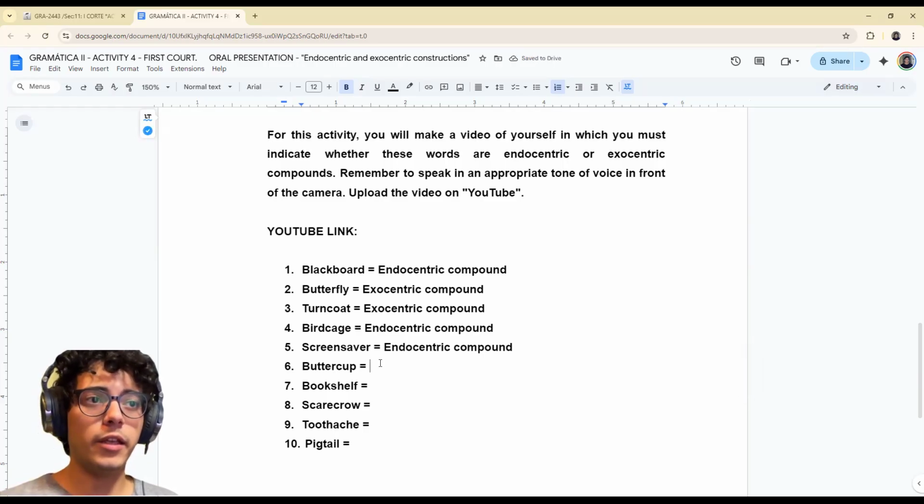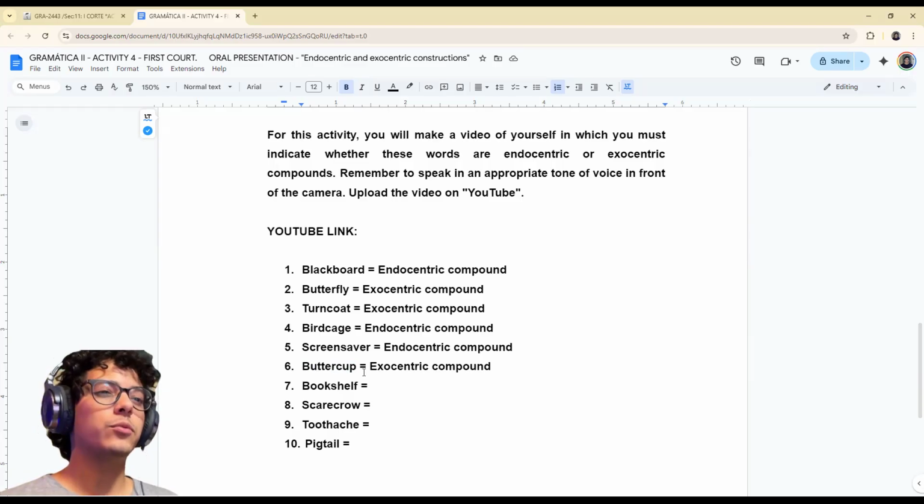Buttercup is another case of exocentric compound. Again, buttercup is a type of flower, and we cannot know that by looking at the word itself.